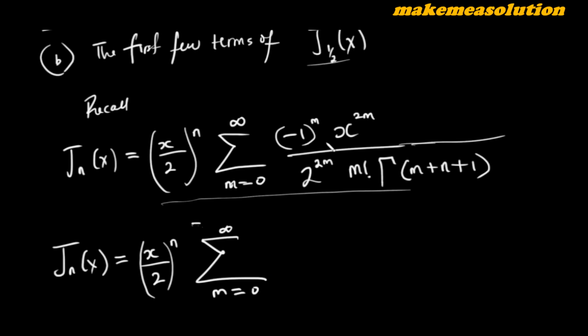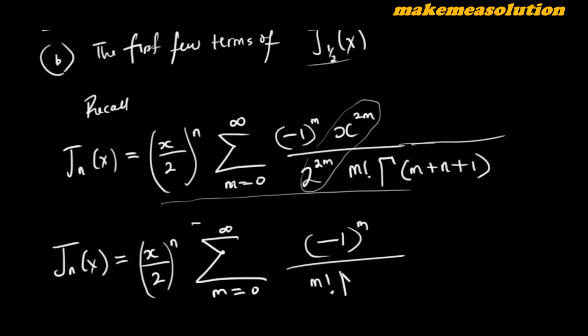Then I'm going to take these two out to the farthest right, and I'm left with (-1)^m over m factorial, gamma of m plus n plus 1, then (x/2) raised to the power of 2m.